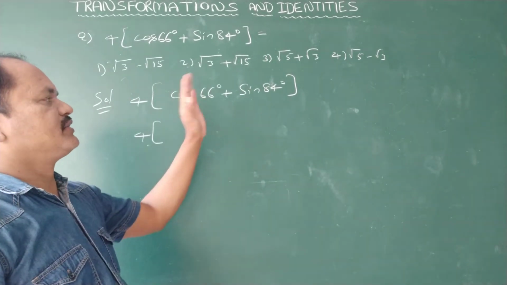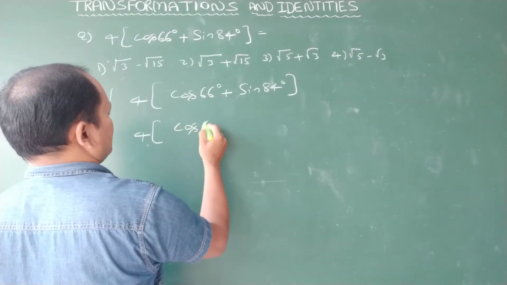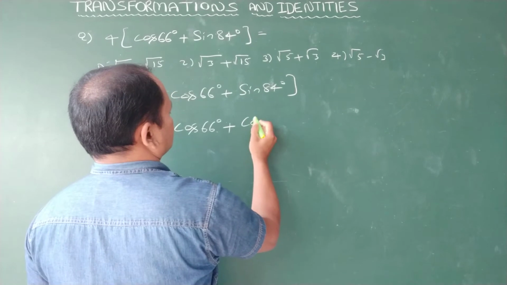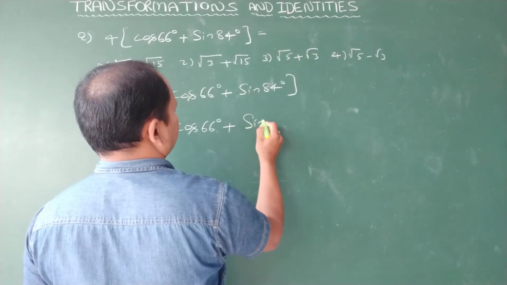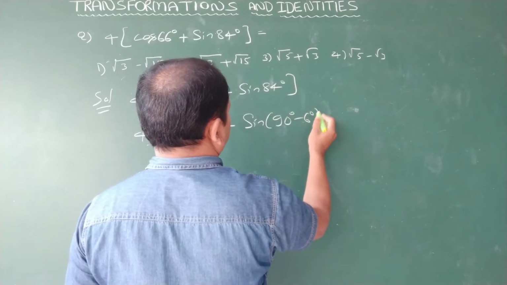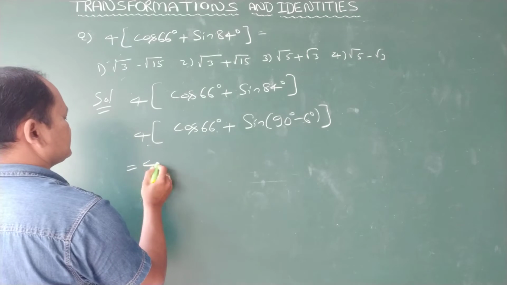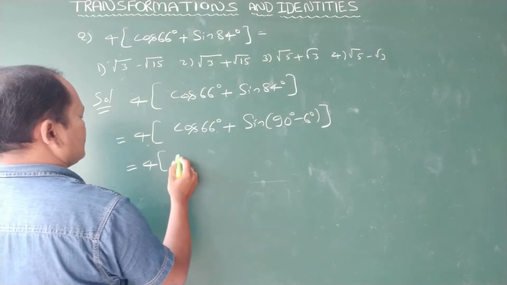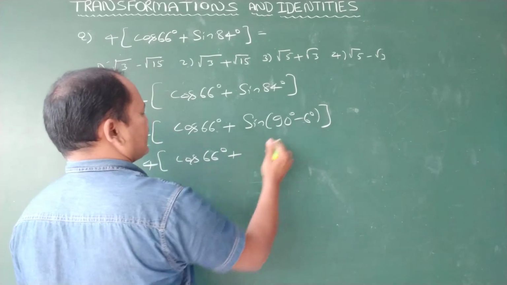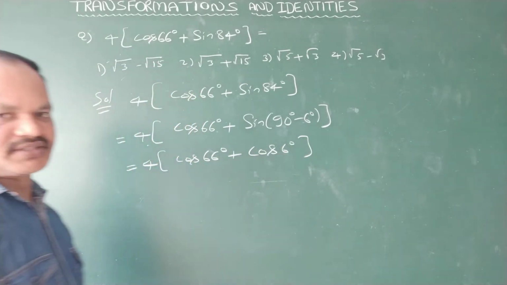That's why this is taken as cos 66 degrees plus sin 84 degrees. 84 can be written as 90 minus 6 degrees. So it is 4 times of cos 66 degrees plus sin (90 minus 6), which is cos 6 degrees.